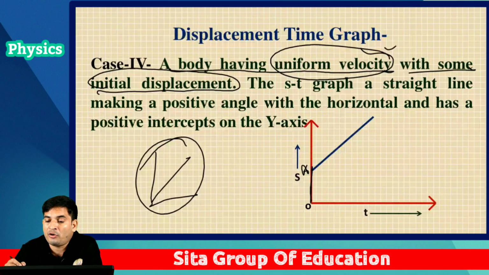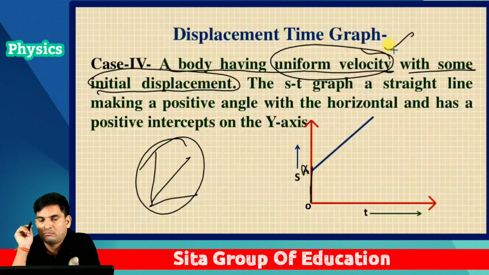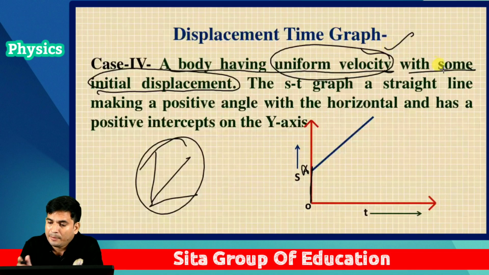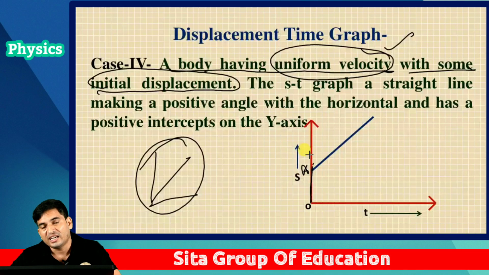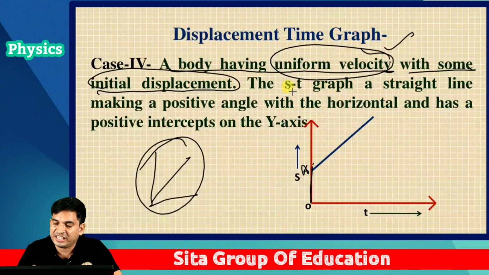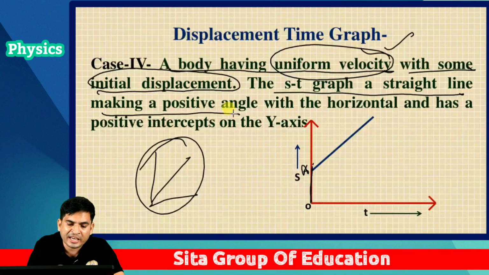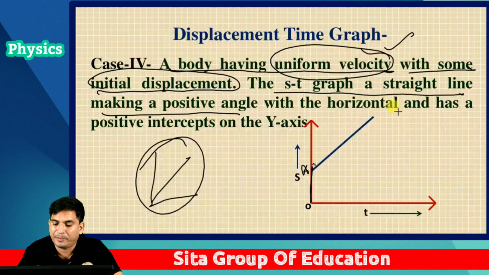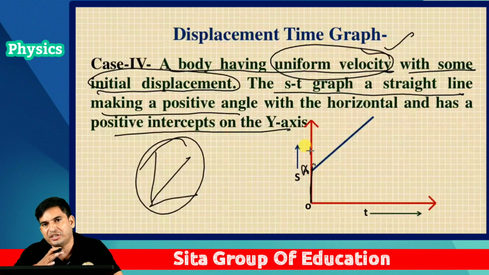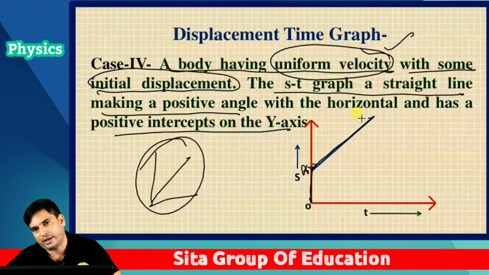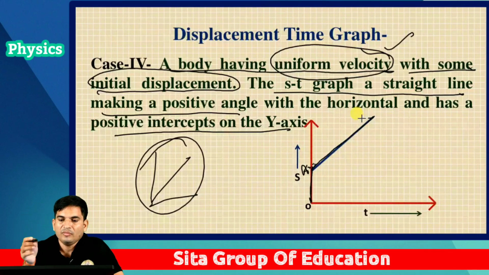Uniform velocity was there, but from rest, and then it was a straight line. Here, with some initial displacement, O to A is the initial displacement already covered. So the ST graph is a straight line making a positive angle with the horizontal and has a positive intercept on the y-axis. As in the previous case, after covering the initial displacement, it is a straight line.